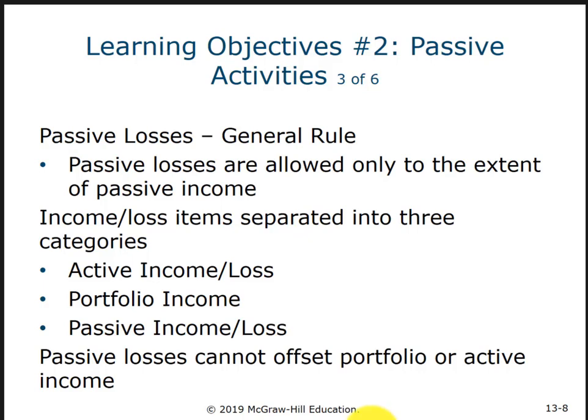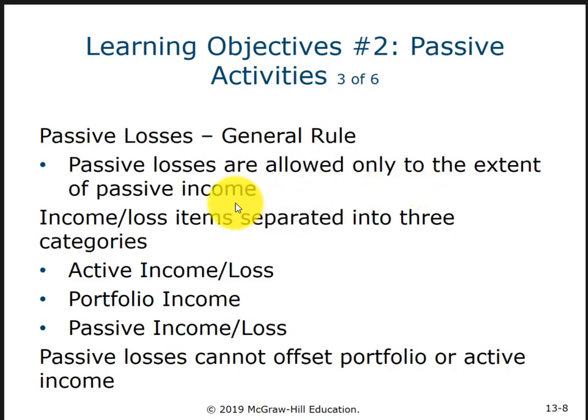So if you don't meet the rules for material participation, then regardless of what the business is, you have a passive activity. All right. Passive losses: if that activity loses money, meaning more expenses than income, you can only deduct the expenses up to the amount of the income.